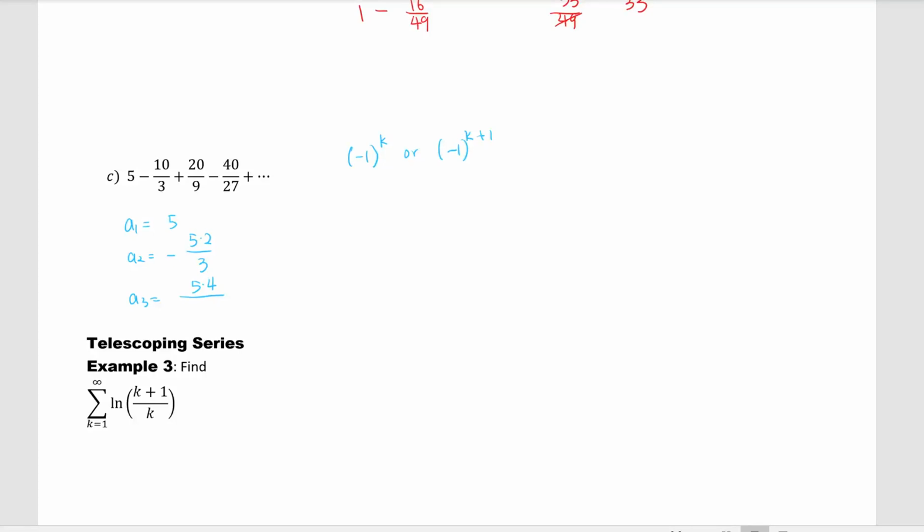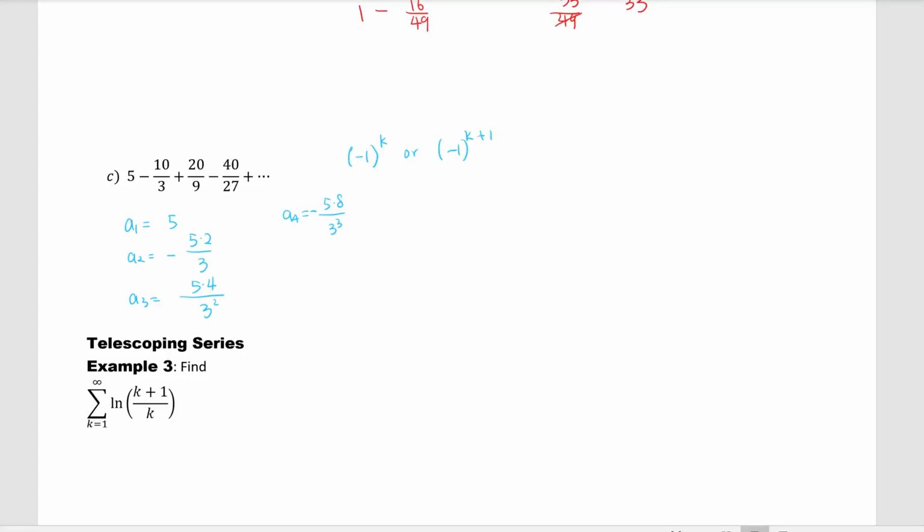And the bottom, we have 9. 9 is 3 squared, right? And the next one, A4. A4 is what? Negative, so negative 40. 40 is like 5 times 8. And then this is 3 cubed.